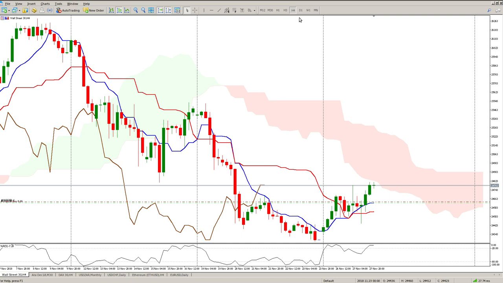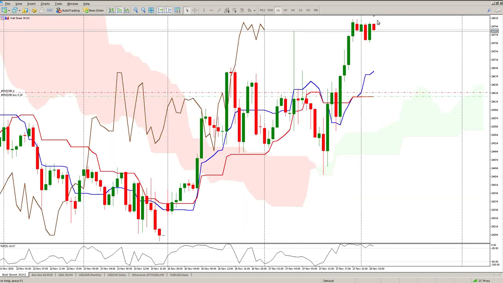Okay, so that's that. And then if I break down to the hour, you can see we're far away from Kijun-sen and Tenkan-sen, and Kijun-sen is flat. They're not pointing up, so it's kind of messy on the Ichimoku as well. So there's no clear direction.